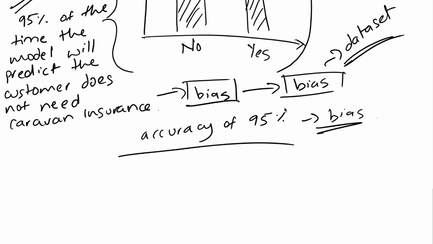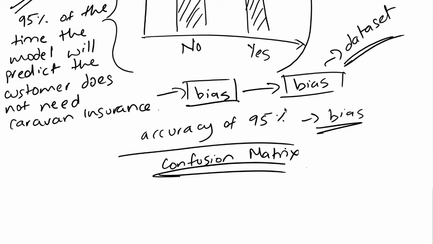And that is why confusion matrix exists, where you find out the true positives in your data set, where you find out the true negatives in your data set. And I will talk more about confusion matrix and accuracy when I'm talking about the evaluation part of data modeling.